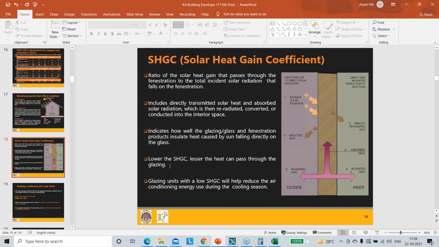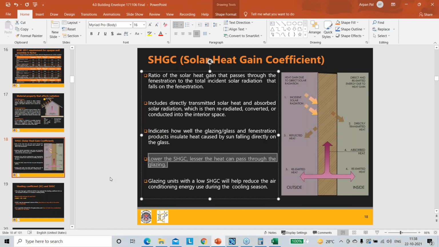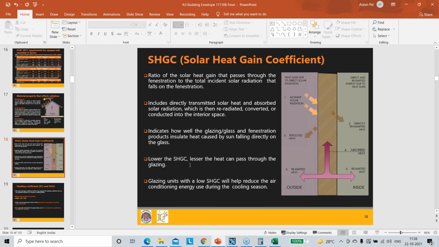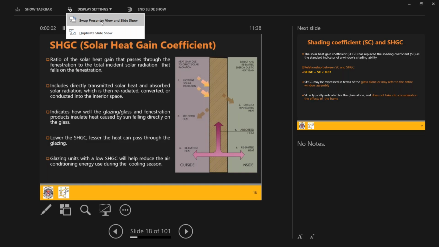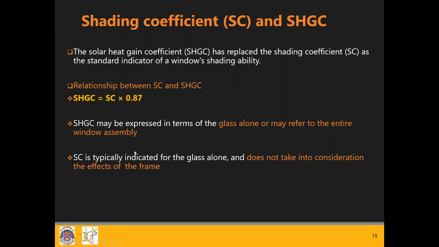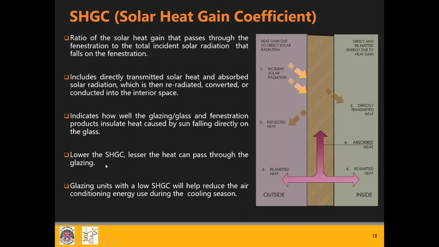So what does SHGC mean? Lower the SHGC, that means lesser heat can pass through the glazing.